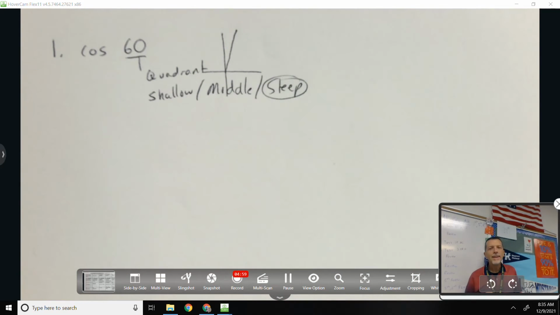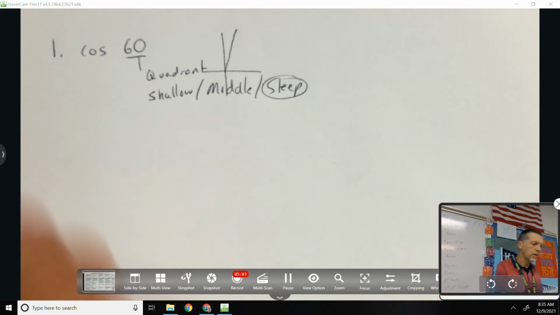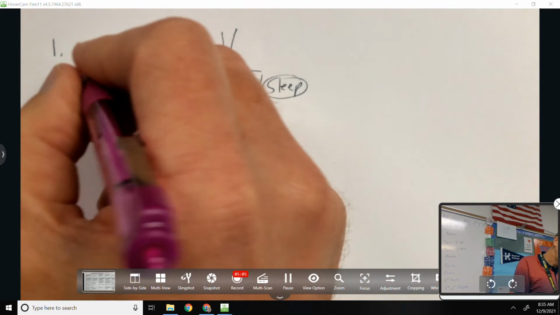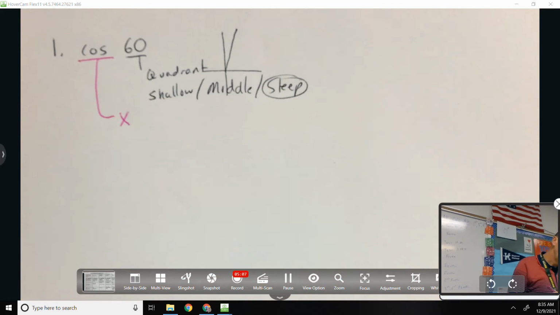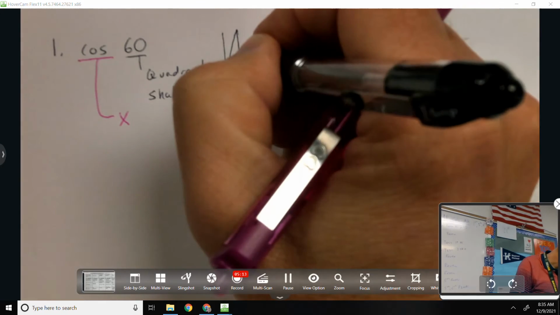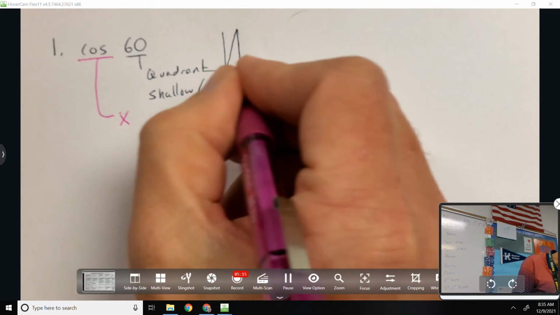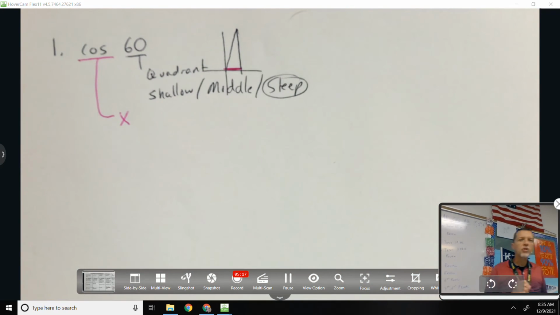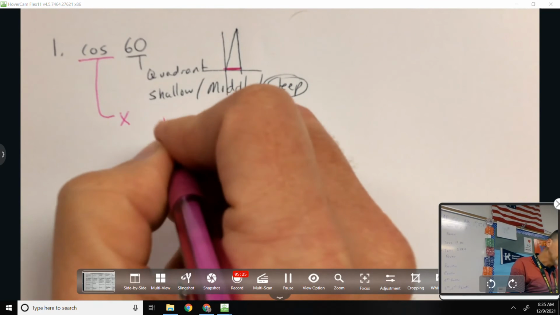Is cosine the x-coordinate or the y-coordinate? x. So I've got my picture. The x coordinate, or the x side of the triangle, would be right there. Is that a short side or a long side? That's a short side. How long are all the short sides? 1/2. Cosine of 60 is 1/2.